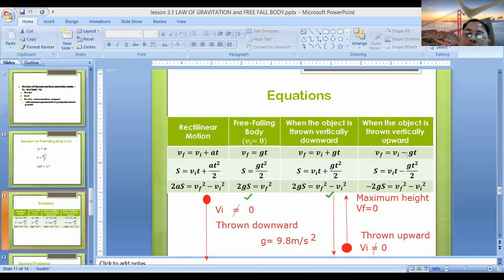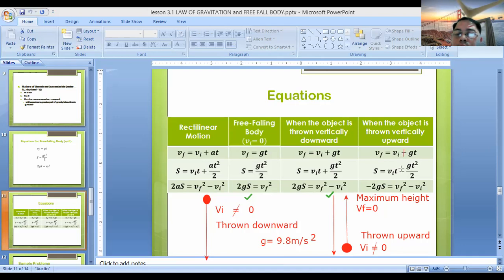Now, if you examine our equation, however, there seems to be some change in how we deal with our equation here. You notice that from positive gt squared, we changed the equations on this end. Now, for our consumption, I would like to change this so that we will not be confused anymore. Let's just change all of that to positive.